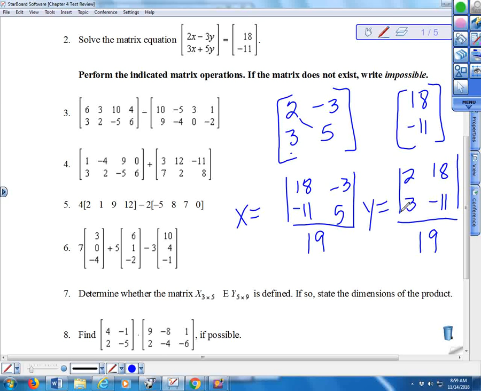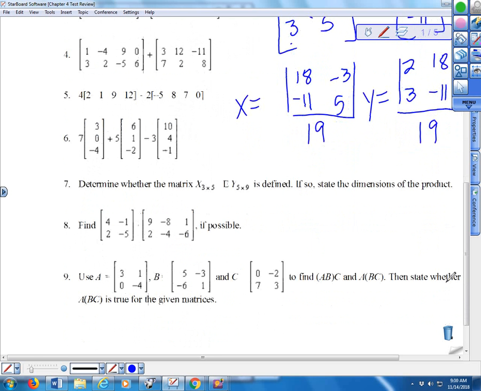Okay, so now I've got to find two more determinants. 18 times 5 is 90, and minus 33, right? 18 times 5 minus a positive 33 is 90 minus 33, which is 57, right? And 57 over 19 is 3.